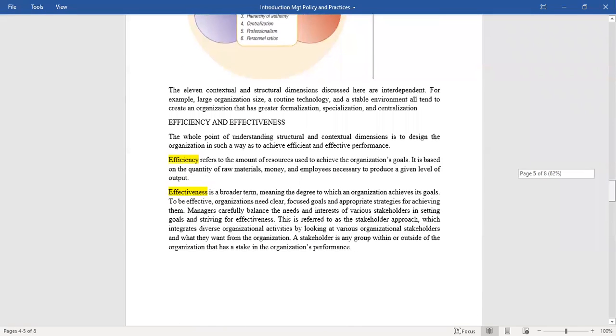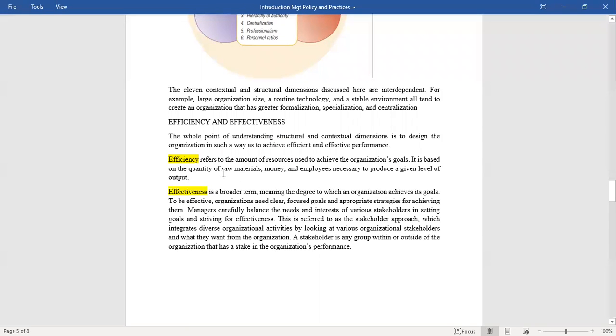Now, this whole idea behind design is for two reasons: for gaining efficiency and for becoming effective. What does efficiency mean? It refers to the amount of resources used to achieve the organization goals. So efficiency means that with the minimum of resources, or using the resources most judiciously, the organization goals are achieved.